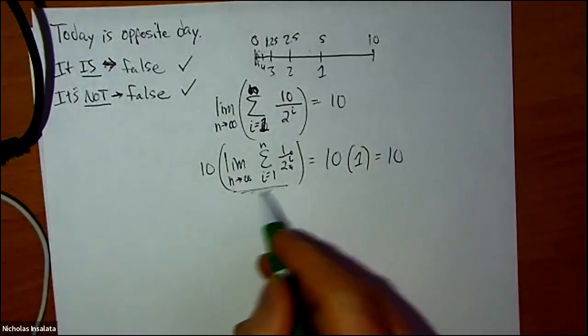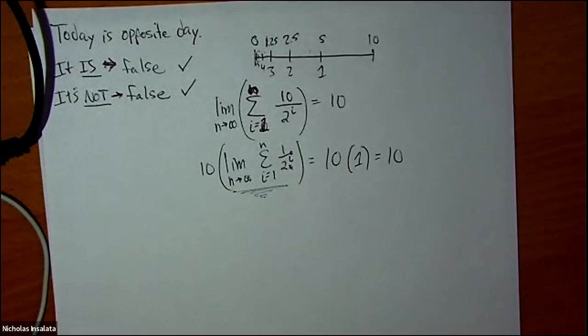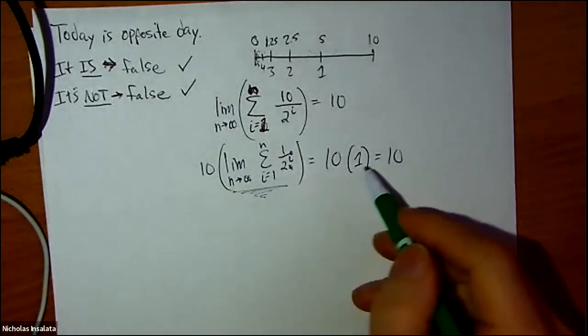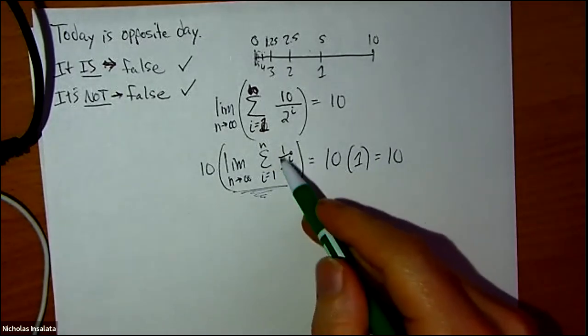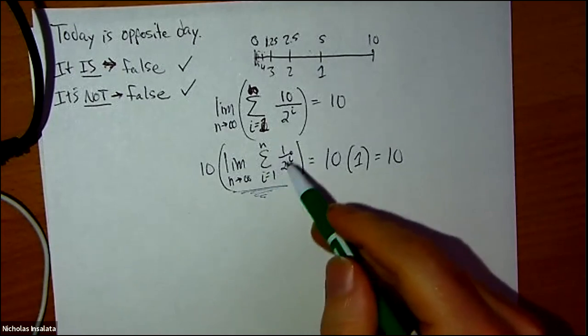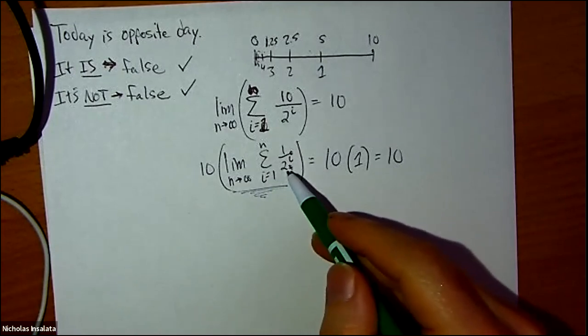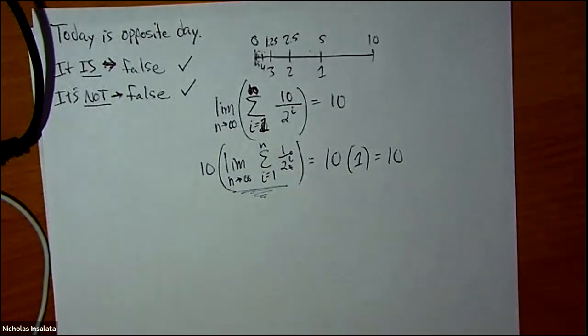Because we already showed last term what that particular limit is equal to. And the reason why this limit converges to 1 is because this series of terms that we're adding together shrinks fast enough that it converges to a finite result, right?